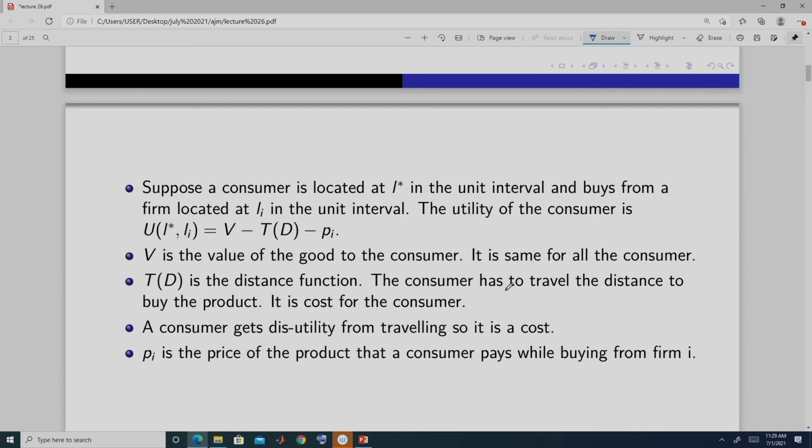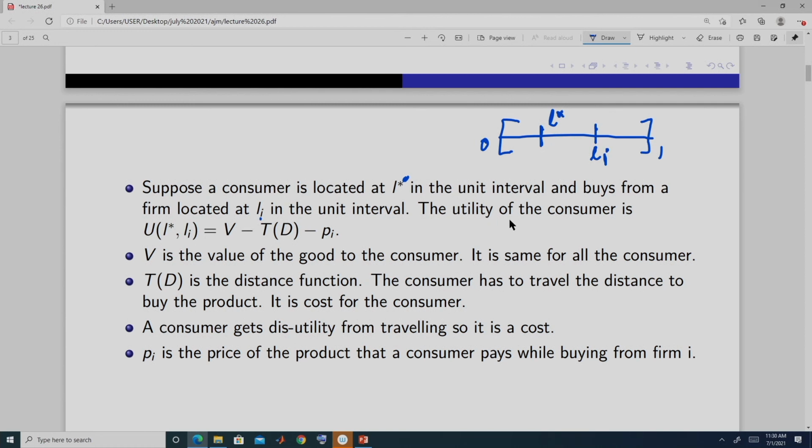Now, suppose a consumer is located here. So, here it is unit length, this is 0 and 1, and suppose a consumer is located at this point, L star, and buys from a firm located at L i, and suppose this is another firm, firm i, and its location is L i.